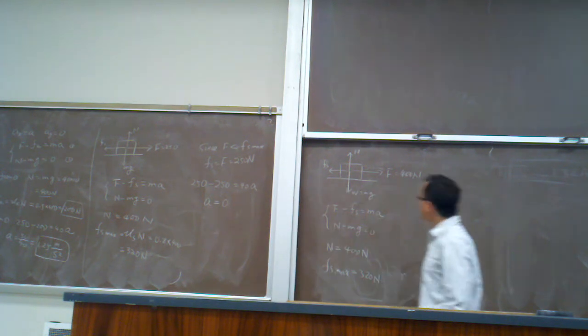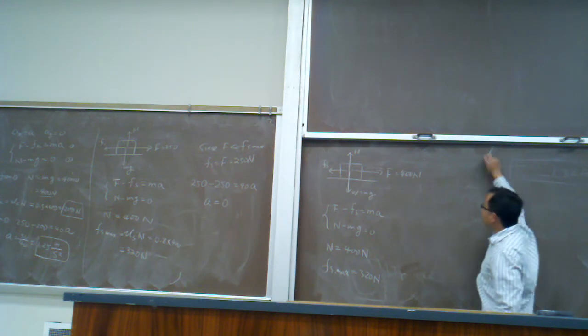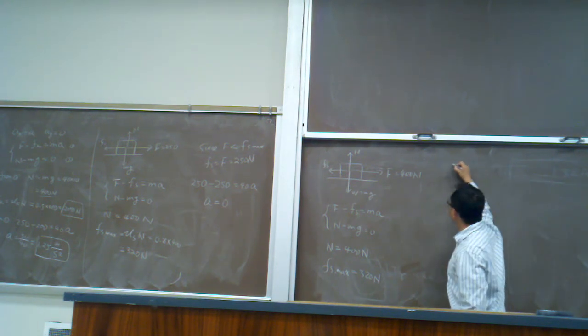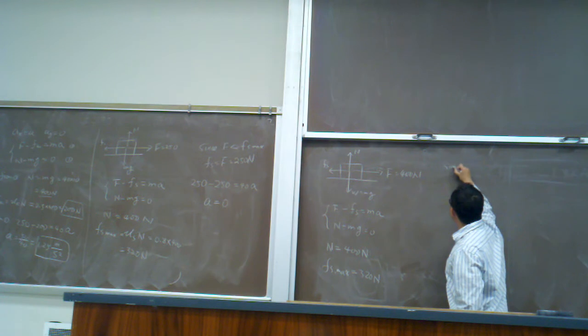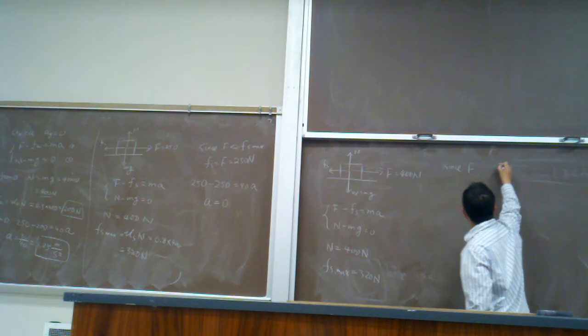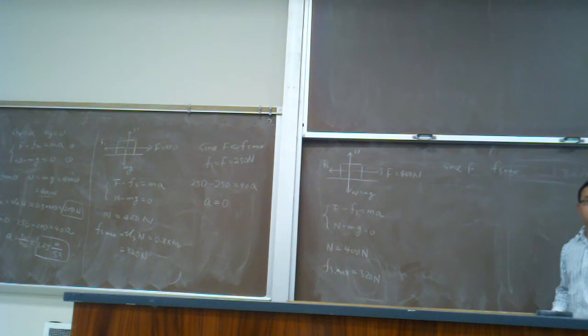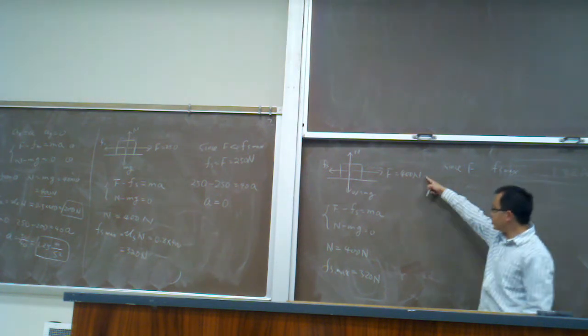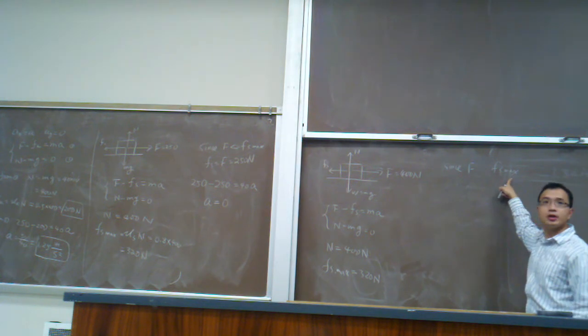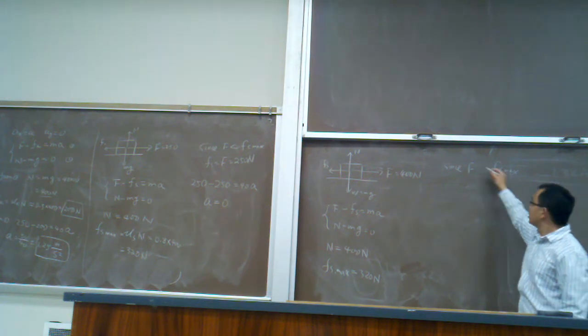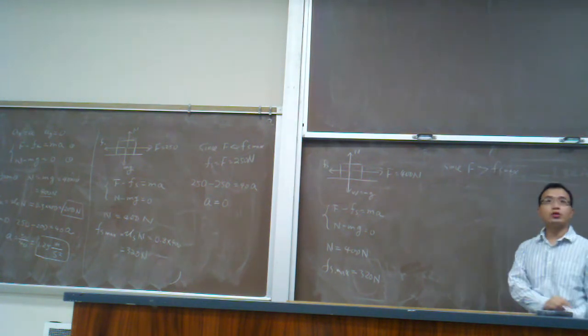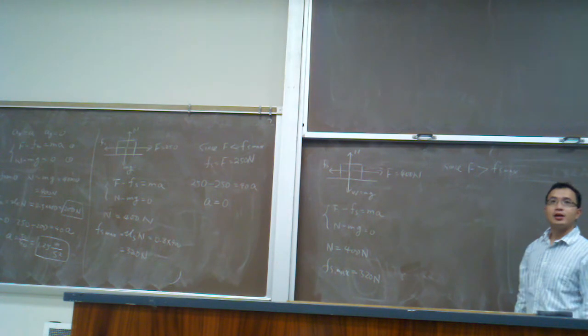Now the difference comes from this: if you compare the external force and the maximum static frictional force, which one is larger? 400 and 320. So in this case, the external force is larger than the maximum static frictional force, right?